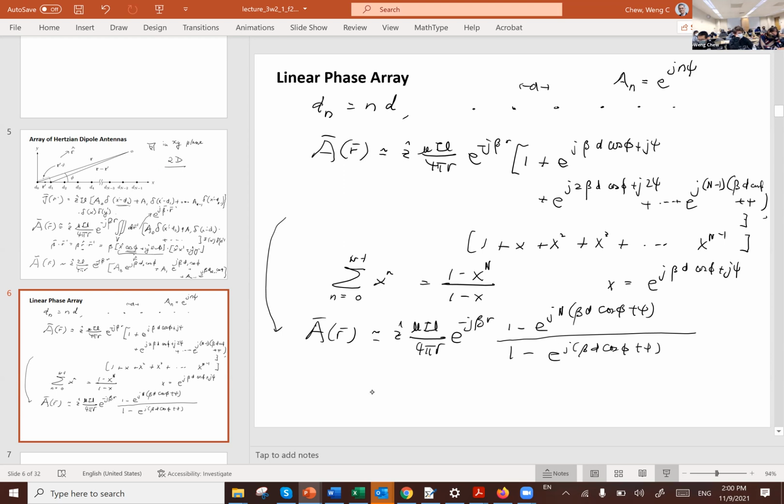So if you were to find the radiation pattern, the radiation pattern can be found from the far field. And we know one thing: that E is j omega A minus gradient of phi.